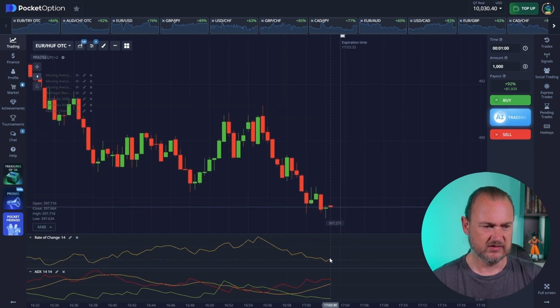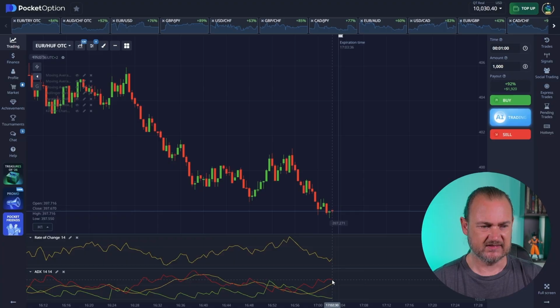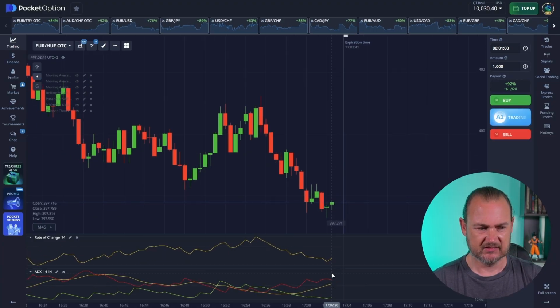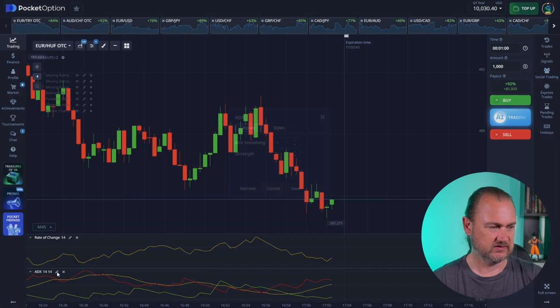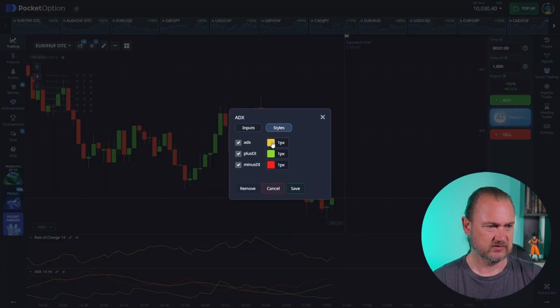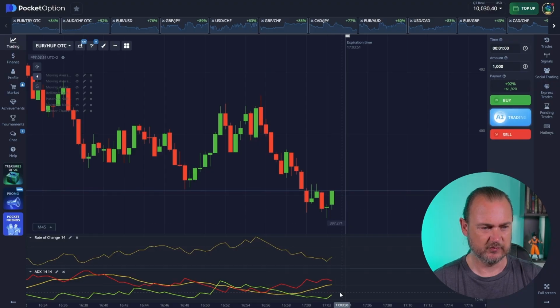There we go. So there's the push upwards on the rate of change. We now want to see the DI plus turn upwards. Let's just make it a little bit more visible.